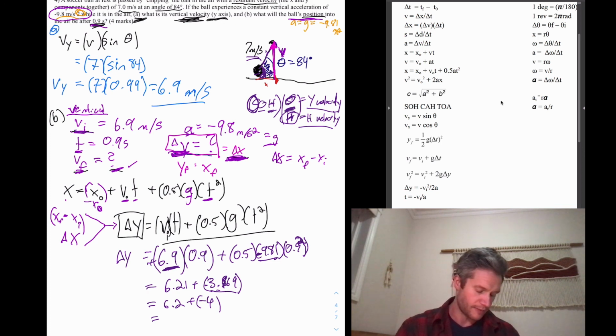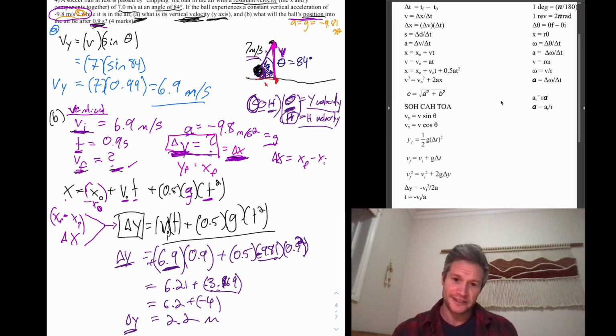Essentially, you go 6.2 minus 4, which equals 2.2. And so that's the change in y. And again, just being thorough, making sure you carry through all your units, you get 2.2 meters. And that's how you do that one.